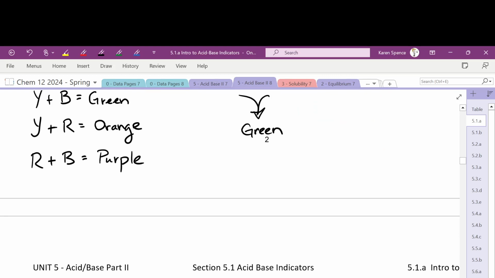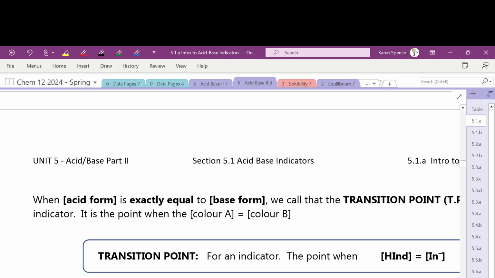All right, now, as the reaction is shifting, there will come a point at which the acid form, the HBG form, is exactly equal to the concentration of the base form, BG minus. And that point is called the transition point.